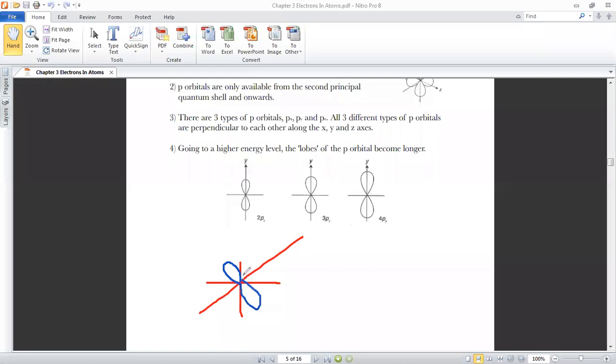So one of the lobes is here and the other lobe is here. This is a diagram of your d subshell. This is the x-axis, this is the y-axis, and this is the z-axis. If the z-axis is drawn with dotted lines, it's a better way to draw it.